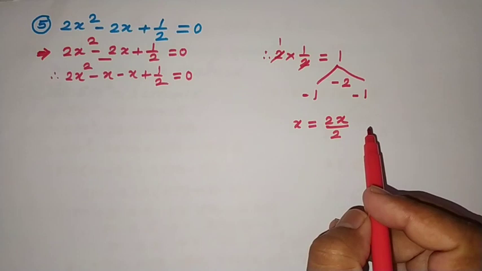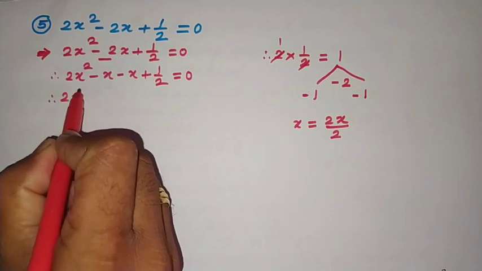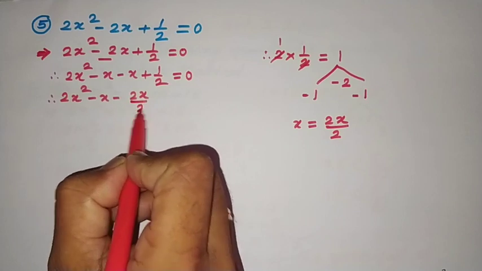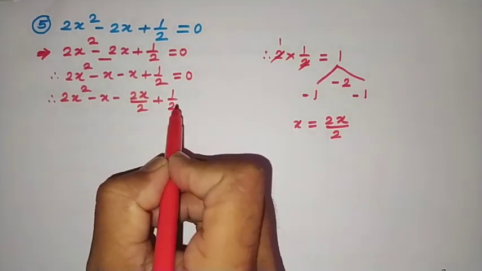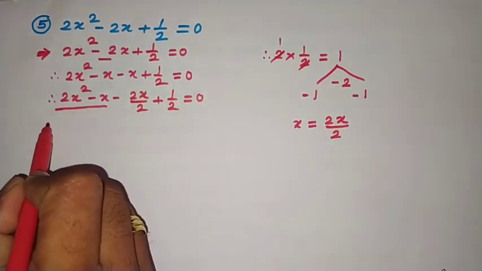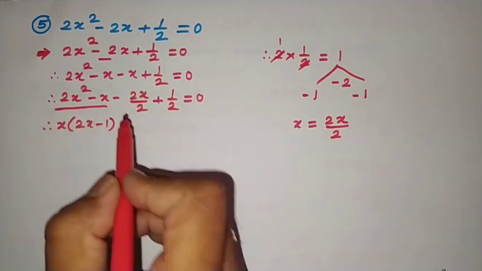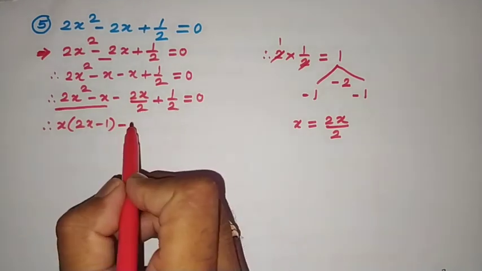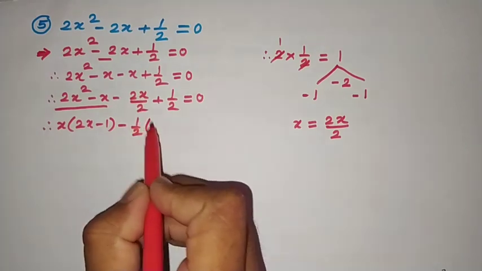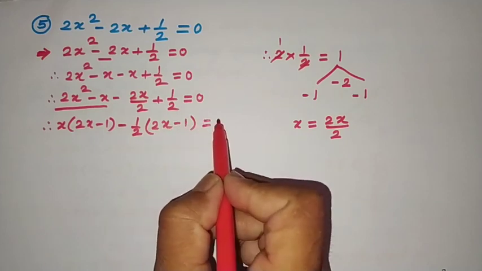Because it gives the common factor 1 half. Write down 2x square minus x minus 2x upon 2 plus 1 upon 2 is equal to 0. In the first two terms the common factor is x, remaining 2x minus 1. In the second two terms the common factor is 1 upon 2, remaining 2x minus 1 is equal to 0.